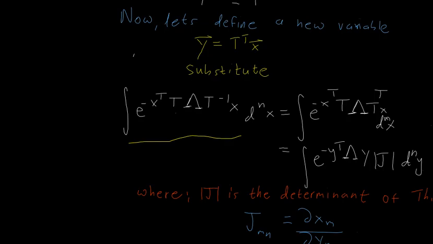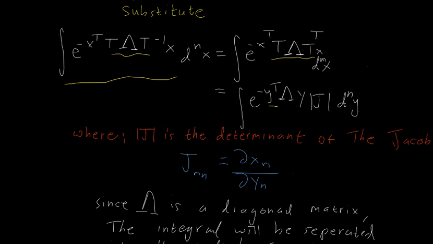So I'm just replacing this with this now. Now, where does that y come in? Well, notice y is equal to T transpose x. We've defined the variable y. I'm going to substitute to the best of my ability here. Okay, so y transpose lambda y, okay, that's what it's all equal to, times a Jacobian differential, it looks like. Okay, so we have a Jacobian differential.